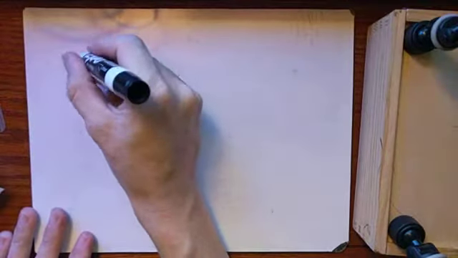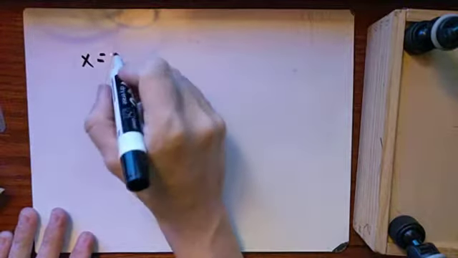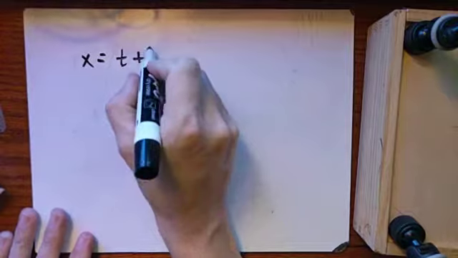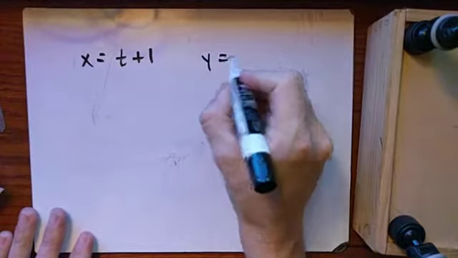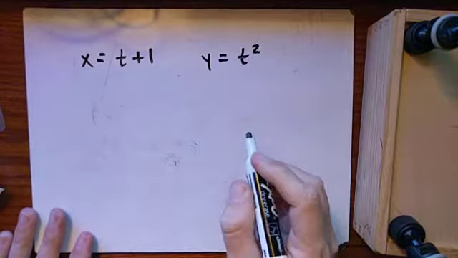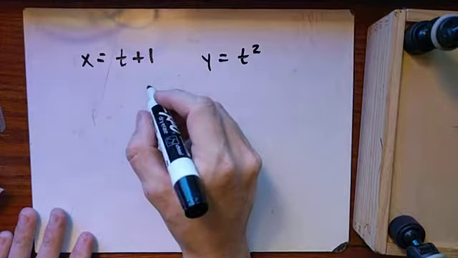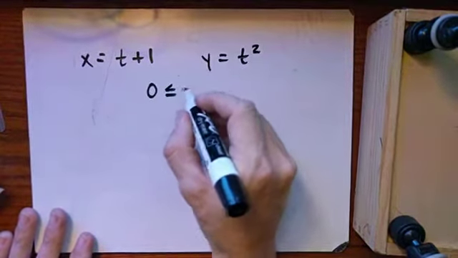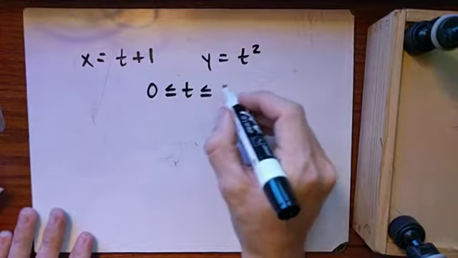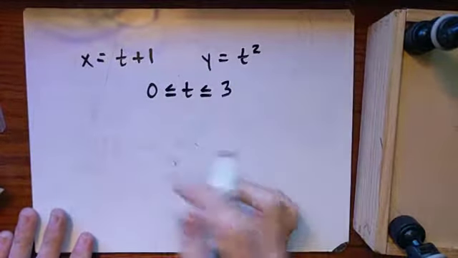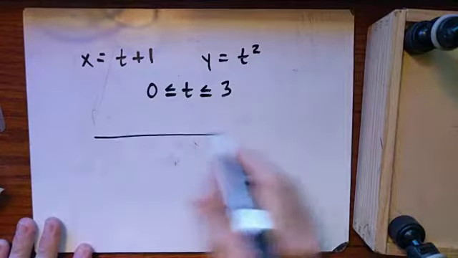Let's say that we have x equals t plus 1 and y equals t squared. And we'll let t be on the interval from 0 to 3.